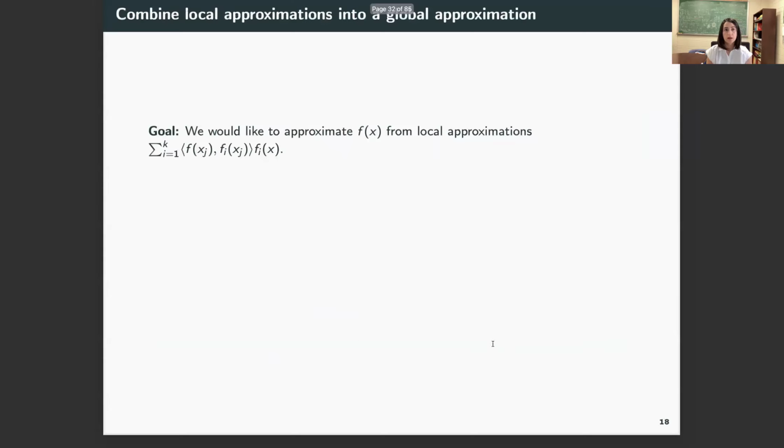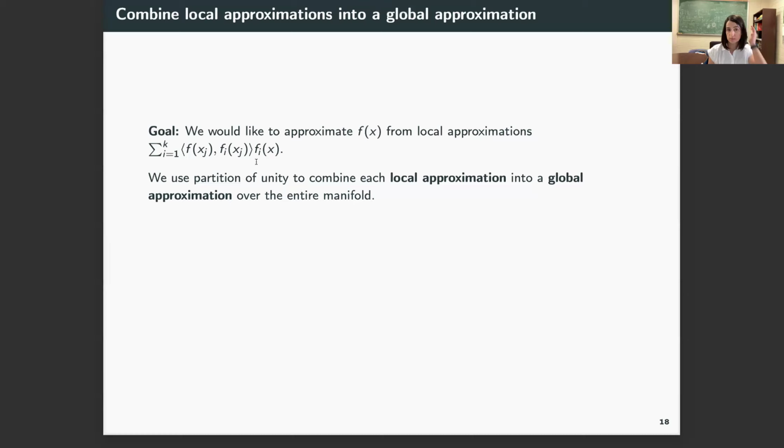Now, at some point in the process, I said that our idea is to use these local approximations and glue them together to get the global approximation. But how does this process work? The goal we have is to approximate f of x from these local approximations, and I'm going to use the partition of unity to glue them together. How does this partition of unity work?